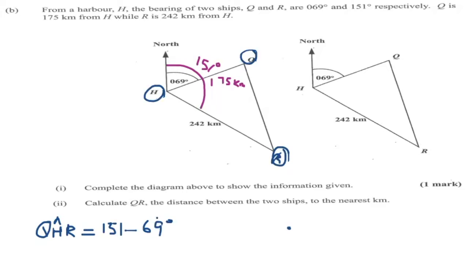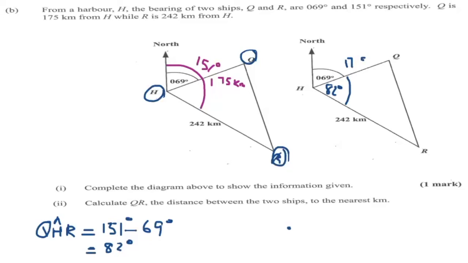So subtracting 69 from 151 degrees, this portion is 82 degrees. When I add this, I will get 151.